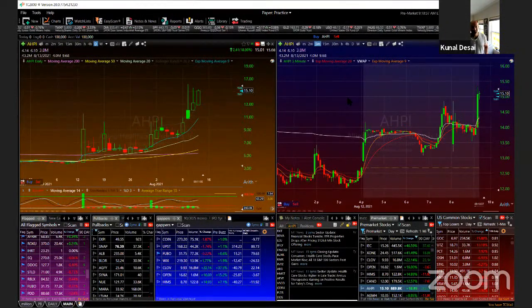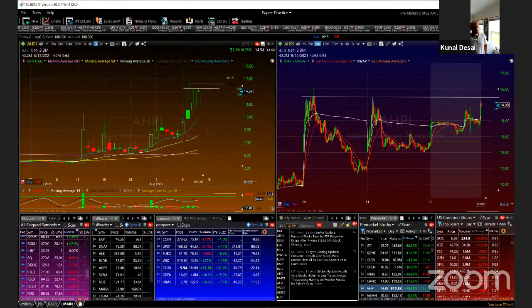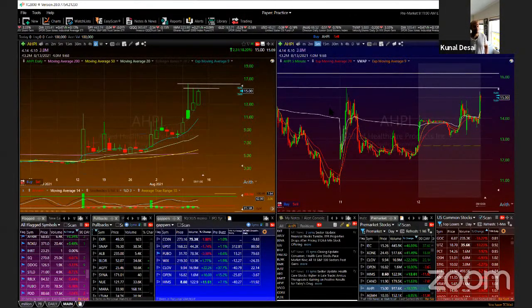HPI. Man, this thing's a turd. Look, HPI, I know you guys love to play this thing. Until that 1550-ish will be your spot. You got kind of two zones. Somewhere in here is when it's going to pick up some steam. It got the shit shorted out of it yesterday.